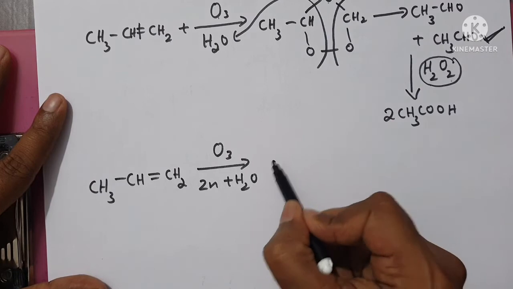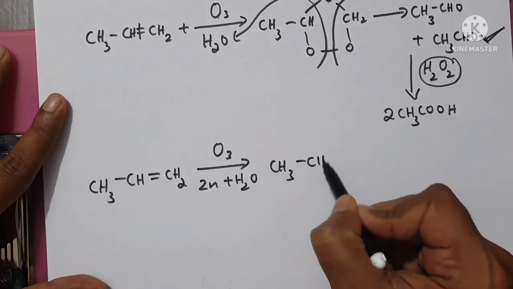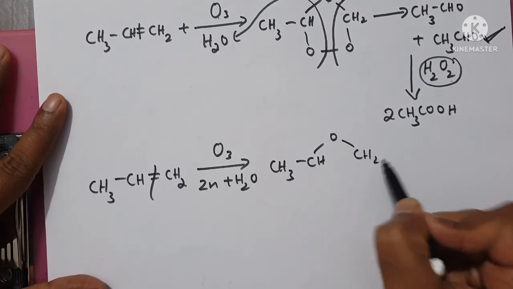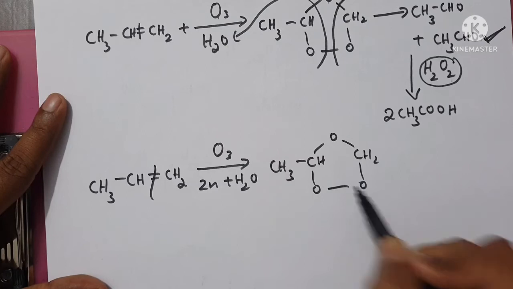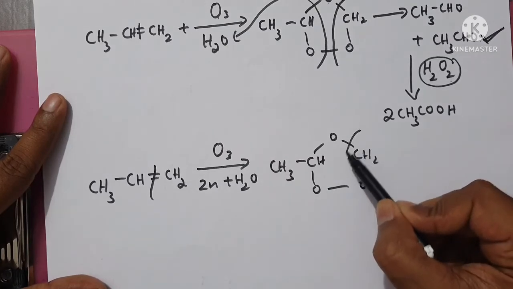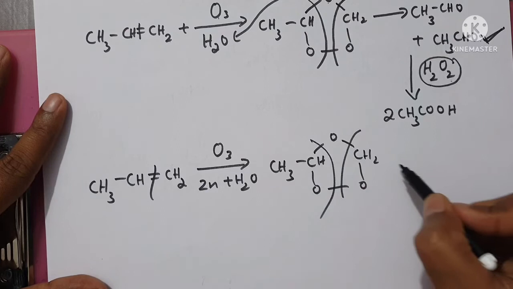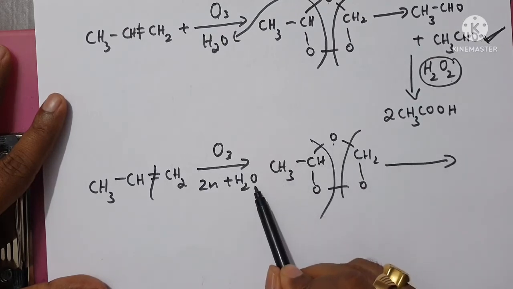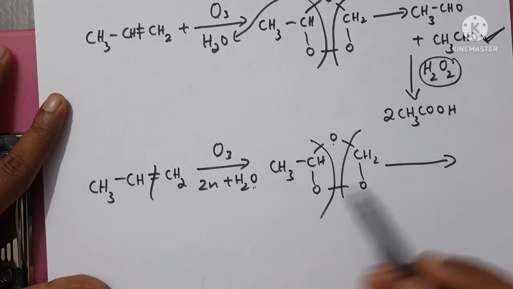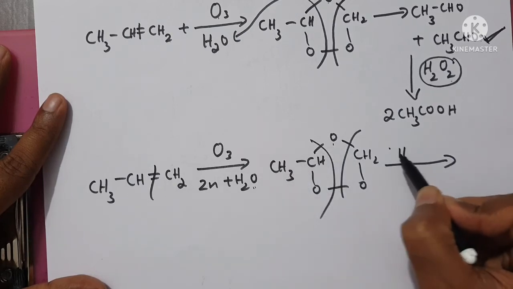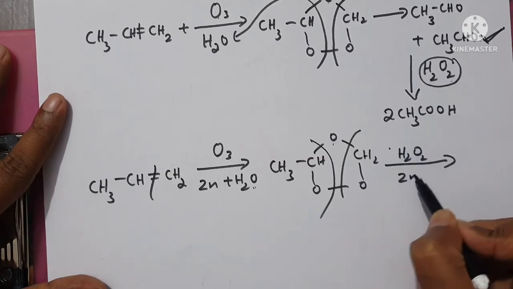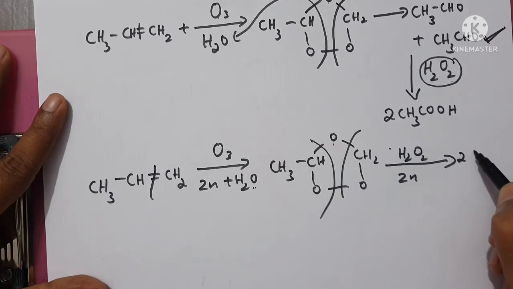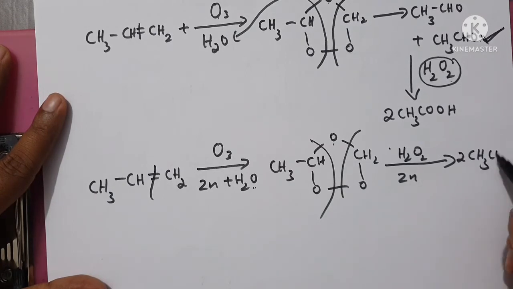So an ozonide is formed. The bonds will break in this way, and this oxygen oxidizes the water, thereby forming H2O2 and zinc. And next there is a formation of 2 times aldehydes.